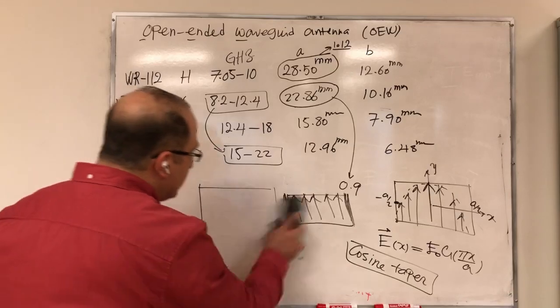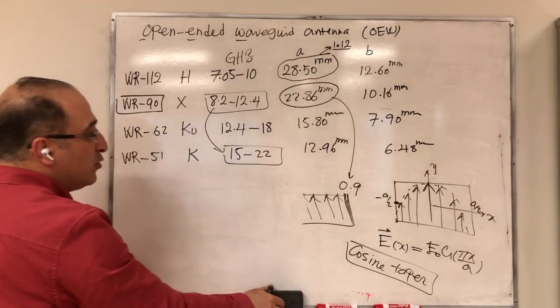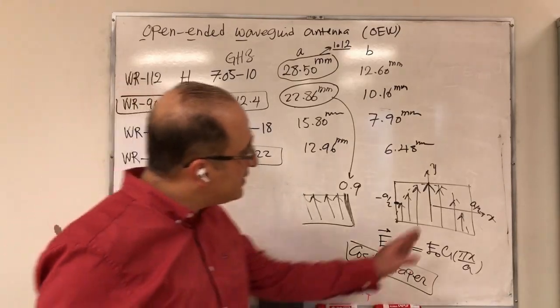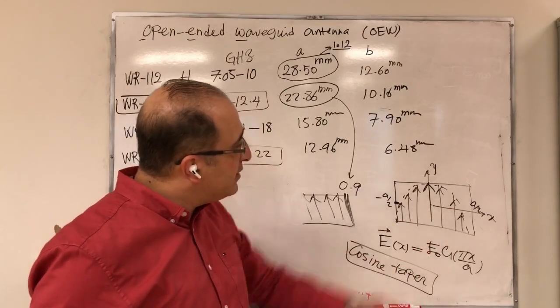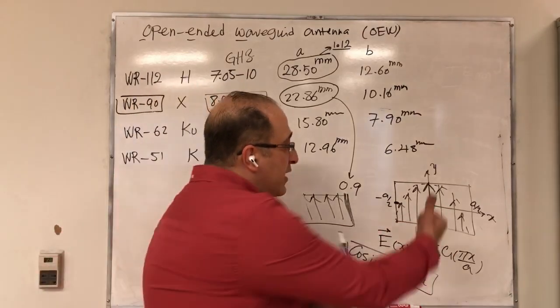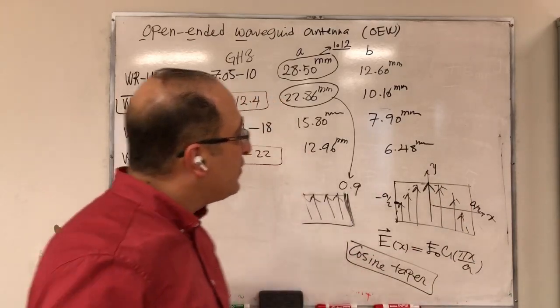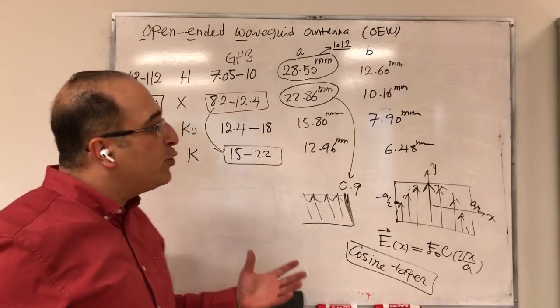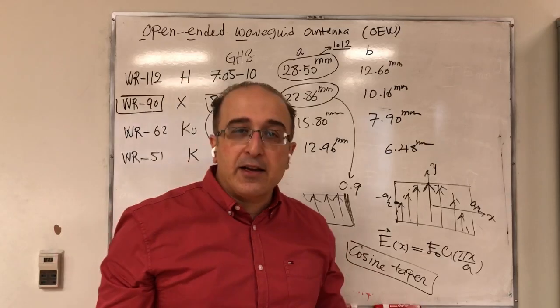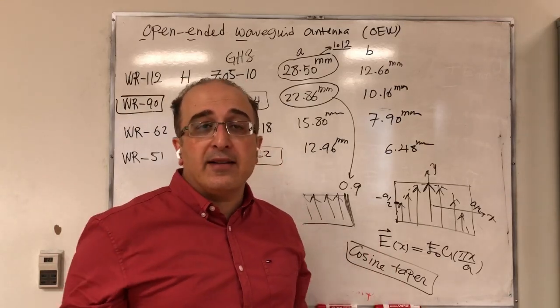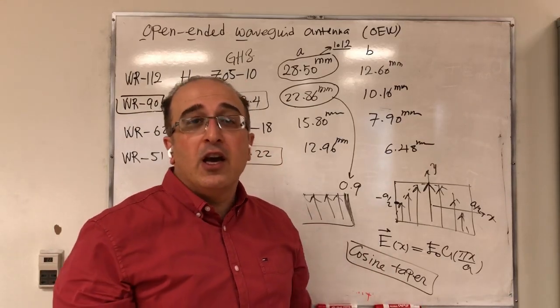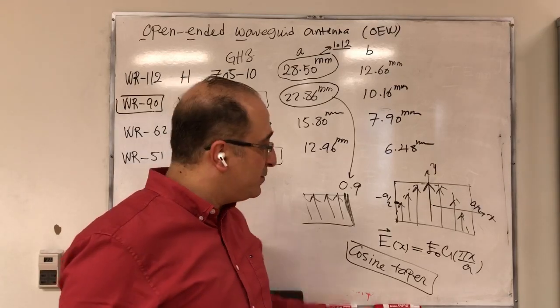So this is an introduction to this open-ended waveguide antenna, and based on this, this is going to radiate toward you, and this would be the polarization of the antenna. Now we need to figure out how we can calculate the far field pattern of this antenna. That would be our focus right now.